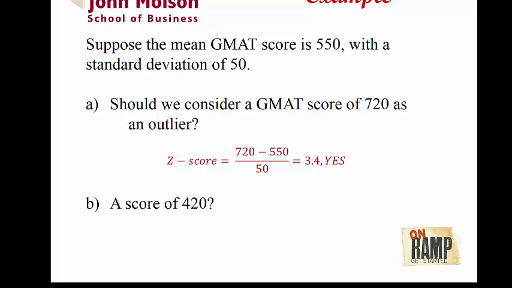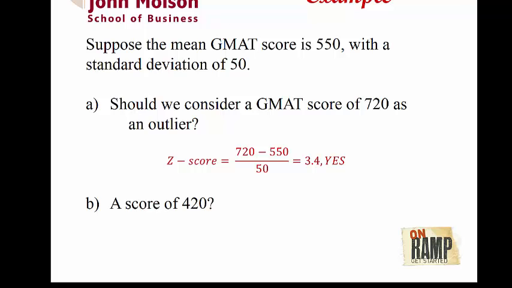So it will be 720 minus the mean 550, divided by the standard deviation 50. We find 3.4. 3.4 is greater than 3. Therefore, yes, that GMAT score of 720 can be considered an outlier. Should it be removed from the sample? Therefore, we have to see, was it a possible value? Yes, it was. But it's so far from the mean that it looked like an outlier.